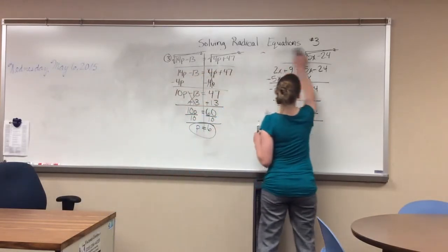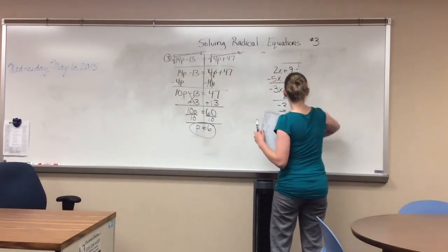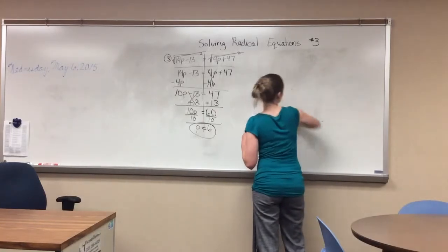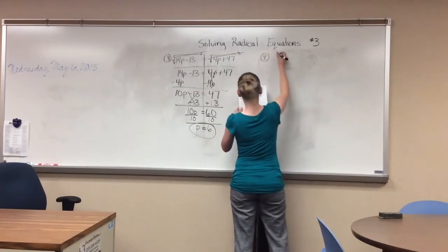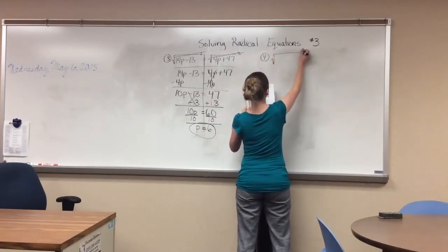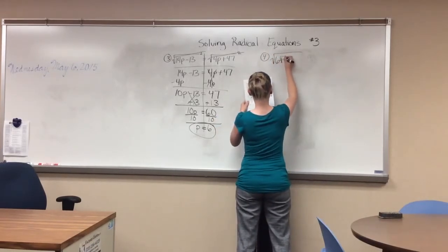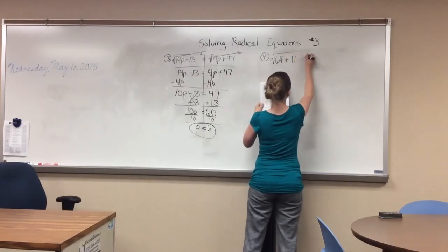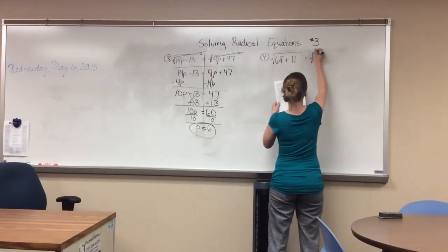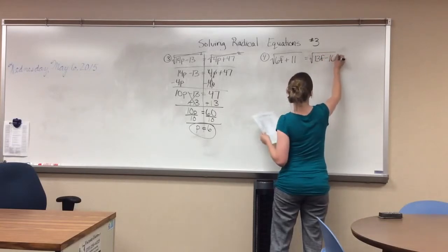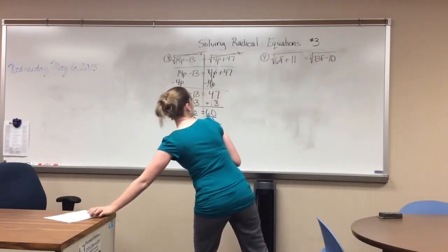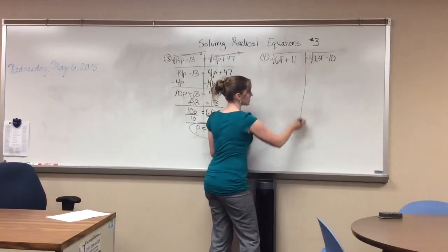Okay, let's do one more problem together, number 4. We have the square root of 6f plus 11 equals the square root of 13f minus 10. To solve, draw a line through the equal sign.